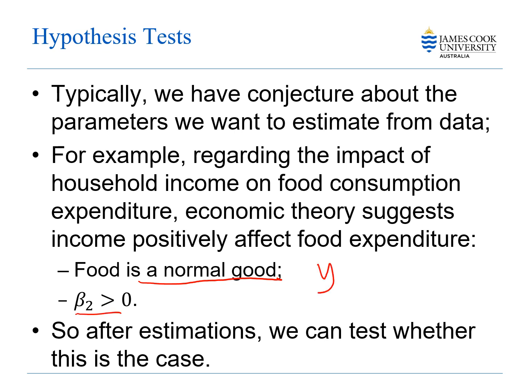Remember, we have yi is equal to beta 1 plus beta 2 xi plus error term i. So we expect beta 2 should be positive. After we run the regression, we can test whether this is the case or not.